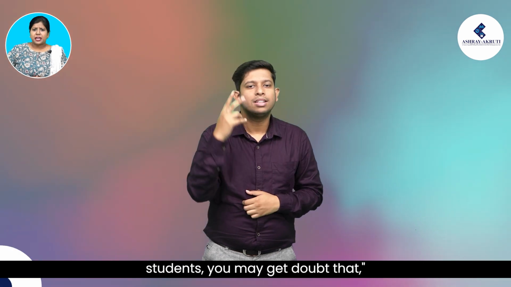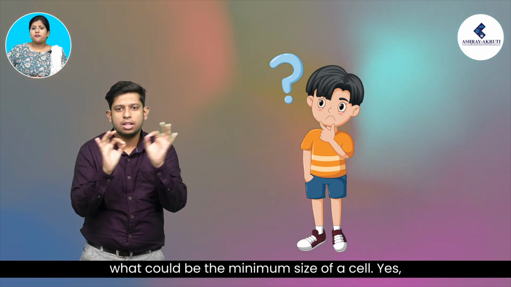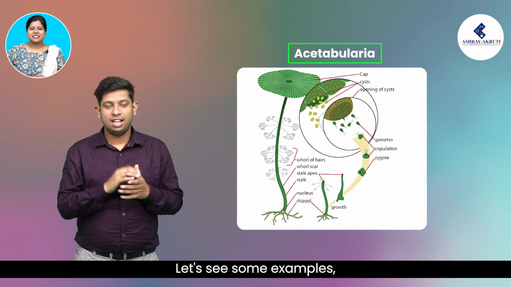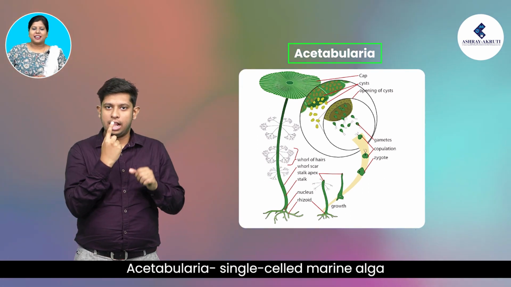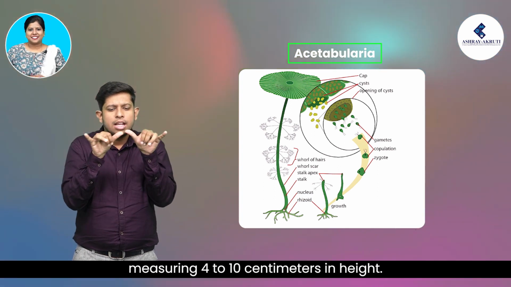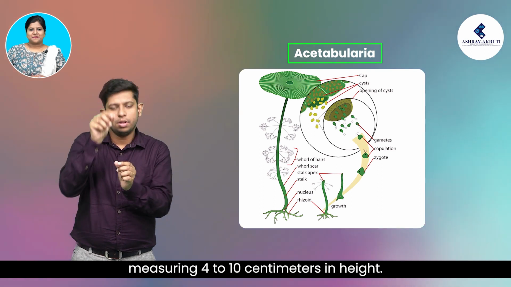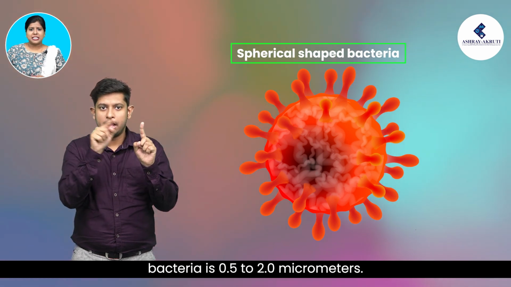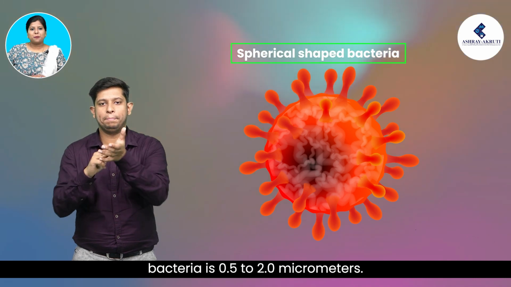Students, you may get a doubt: what could be the minimum size of a cell? Yes, let's see some examples. Acetabularia, a single-celled marine alga, measures 4 to 10 centimeters in height. The average diameter of spherical bacteria is 0.5 to 2.0 micrometers.